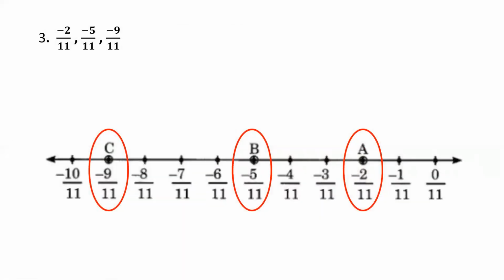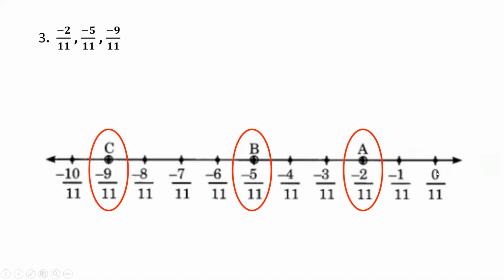Next is, you have to represent 3 rational numbers on the same number line, and all of them are negative. So first of all, because all of them are negative, it will be on the left hand side of 0. So 0 will be written on the right side.